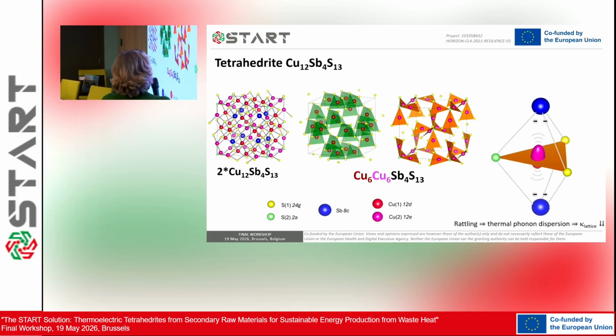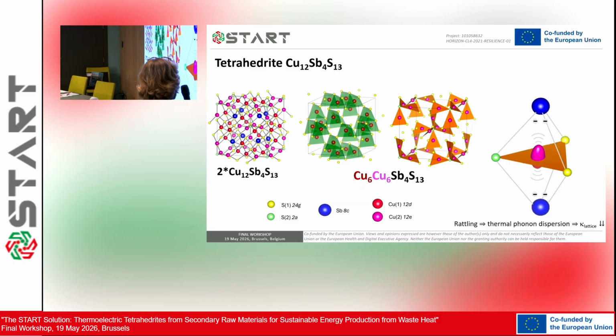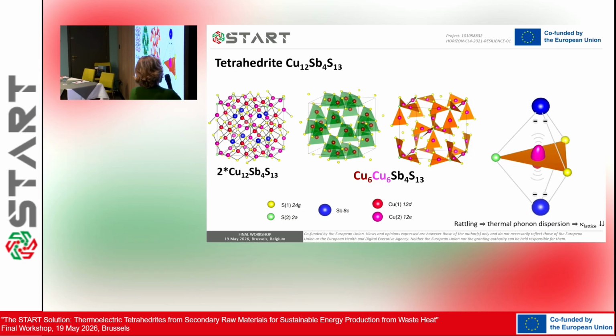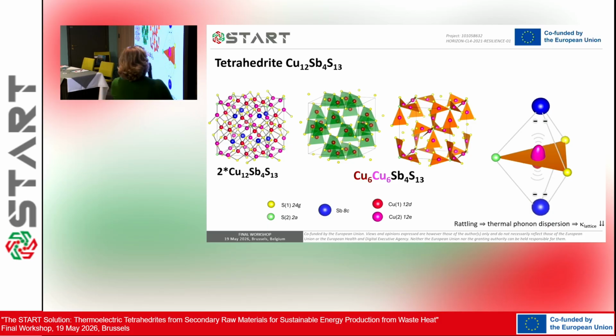What we want to do, what the system allows you to do, is to replace the copper in the green figures. These ones are very important because these copper atoms rattle between these two electrons, which are associated, they are inner electrons of antimony, and they somehow have some repulsive influence on copper, and so the copper atom rattles in this position.